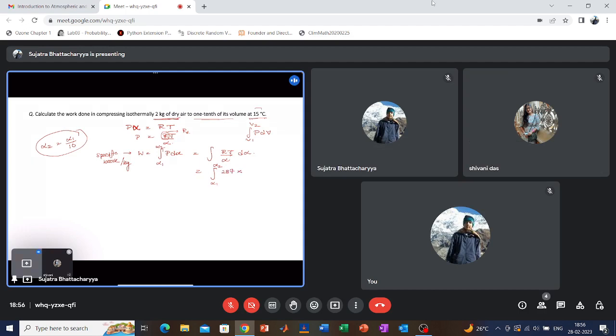Temperature at 15 degrees Celsius is 288 Kelvin. The d alpha by alpha gives us log alpha, so 287 into 288 into log of alpha 2 by alpha 1, that is log of 1 by 10.